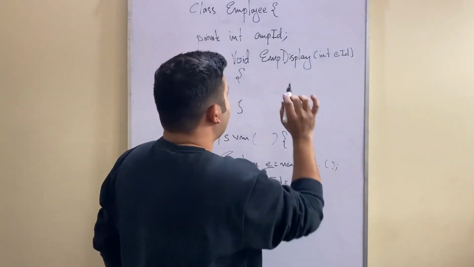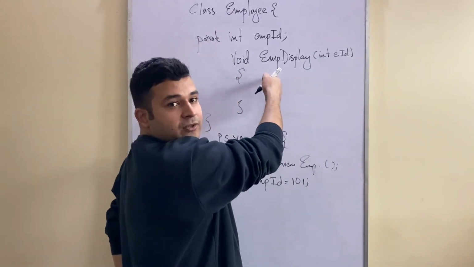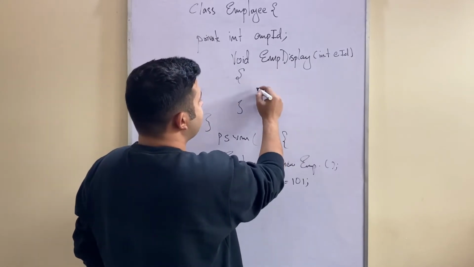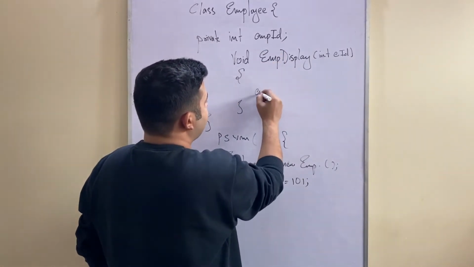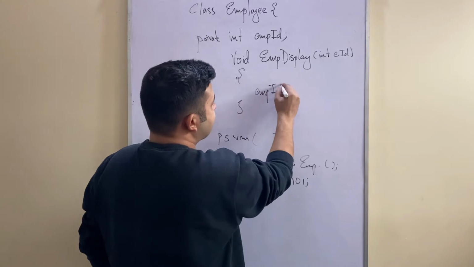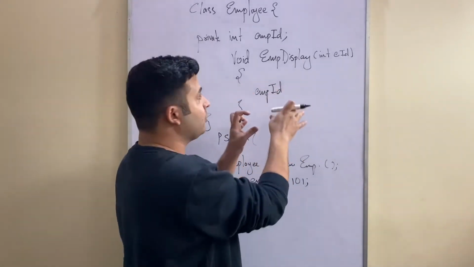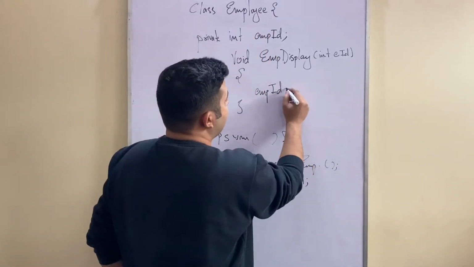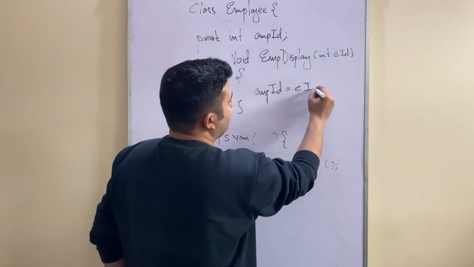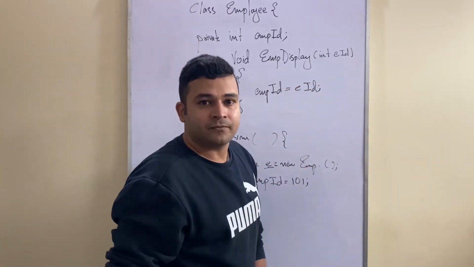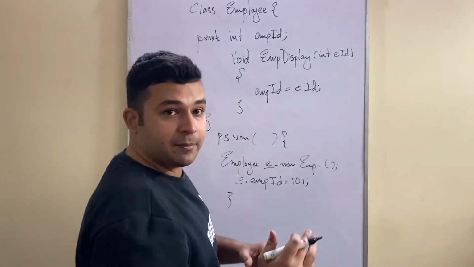And inside this method, this variable, which is private to this class but can be accessed inside any method of this class, equals EID. Getting my point?